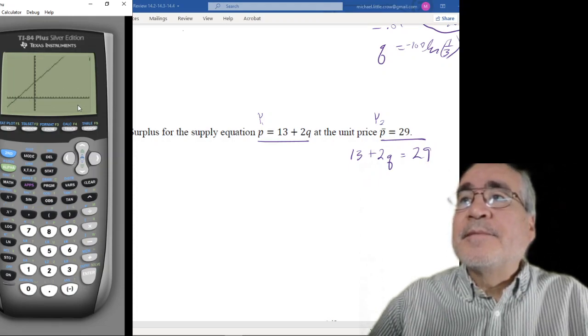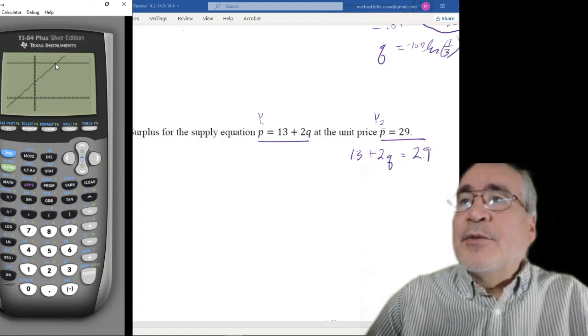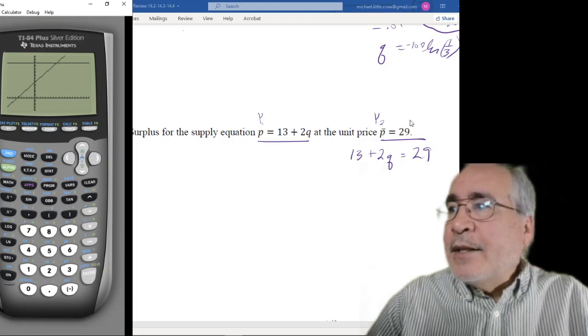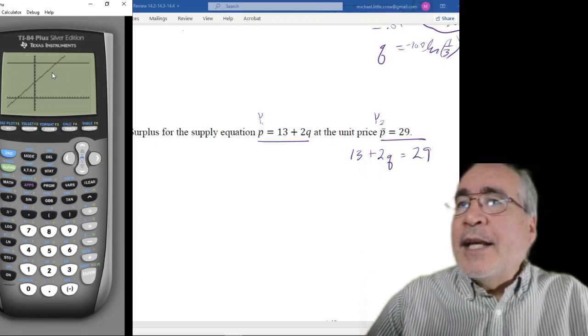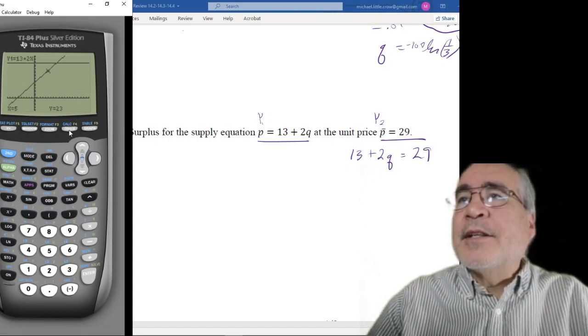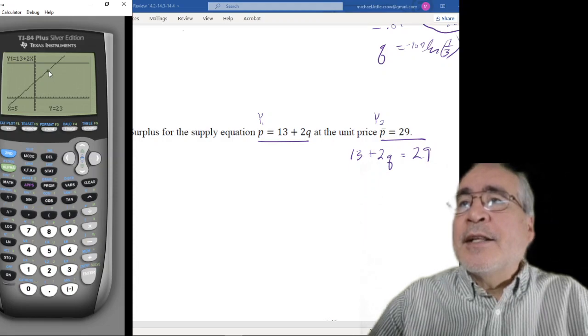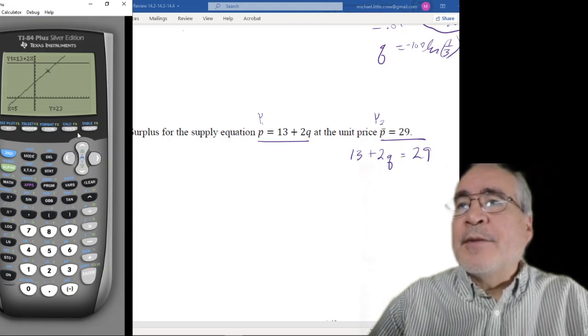So we need to find this point of intersection. This is y equals 29, which is y2, and down here is y1. Again, I forgot to show you, but you can hit the trace and you see which one it's on. It's all visual. We're on y1 now, and we can see it's below y2, which is y equals 29. So it's good to take a look at those.